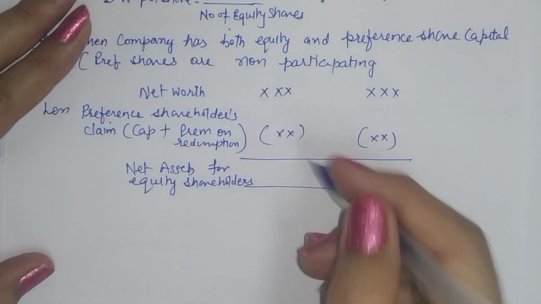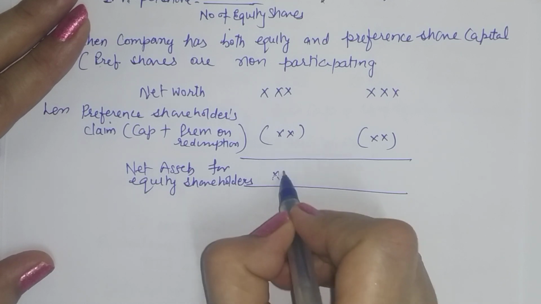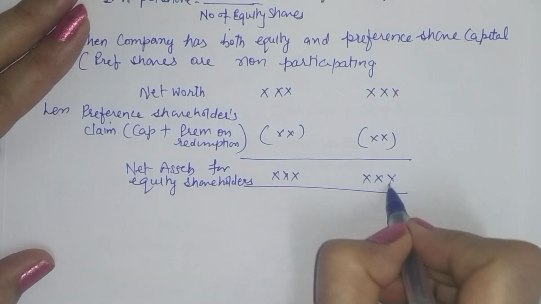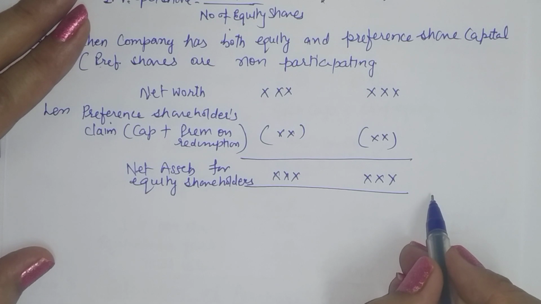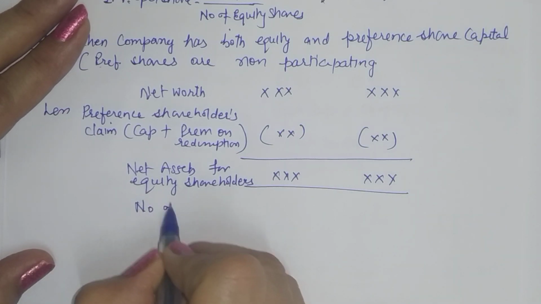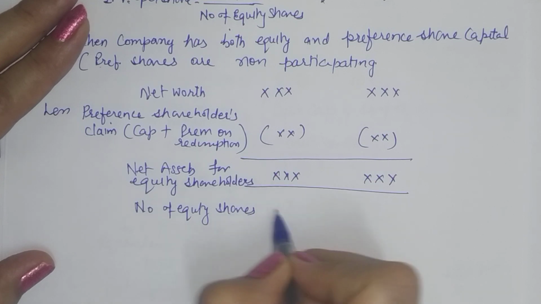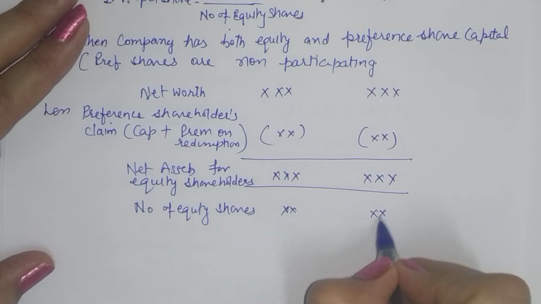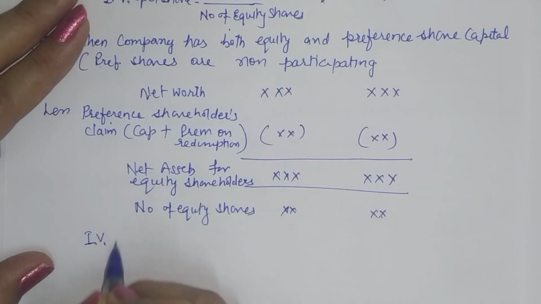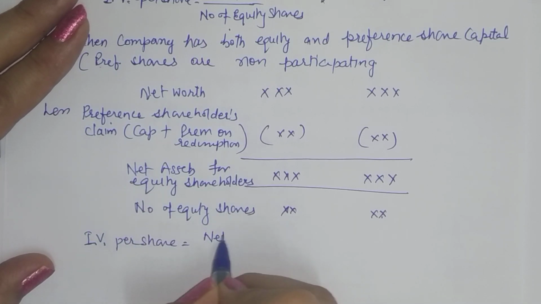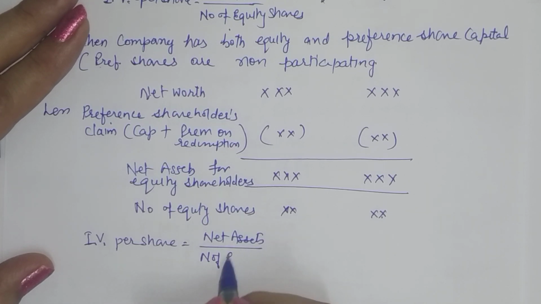So these are your assets for equity shareholders. Right? Now again the formula is the same. Since these are the assets available for equity shareholders, take the number of equity shares from the problem and calculate intrinsic value per share, which is equal to net assets upon number of equity shares.